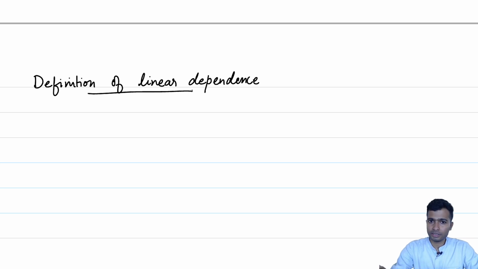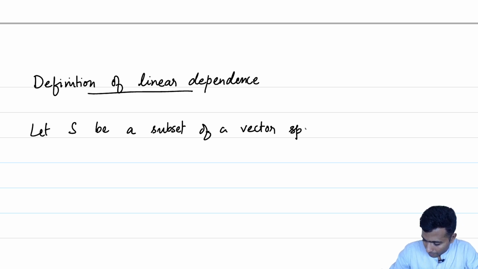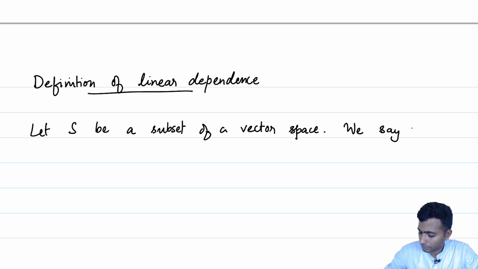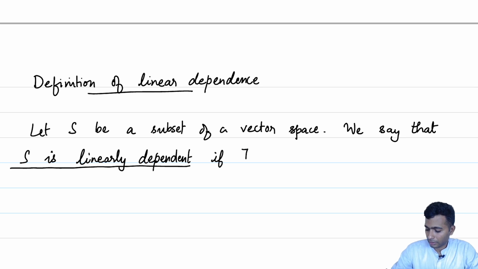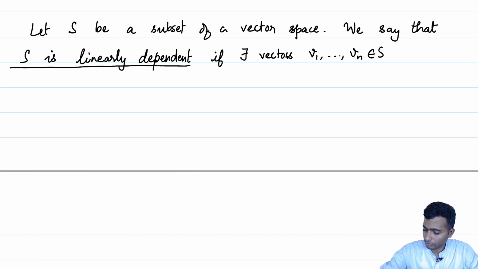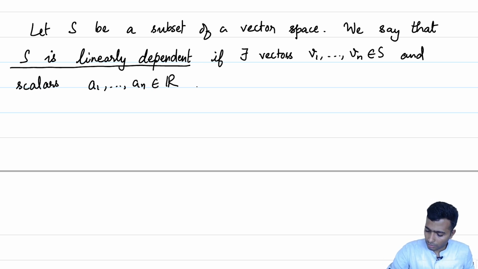Let S be a subset or a collection of vectors of a vector space V. We say that S is linearly dependent if there exist vectors V1 to Vn in S and scalars A1 up to An in R, so our scalars here are real numbers, with not all Ai equal to 0.